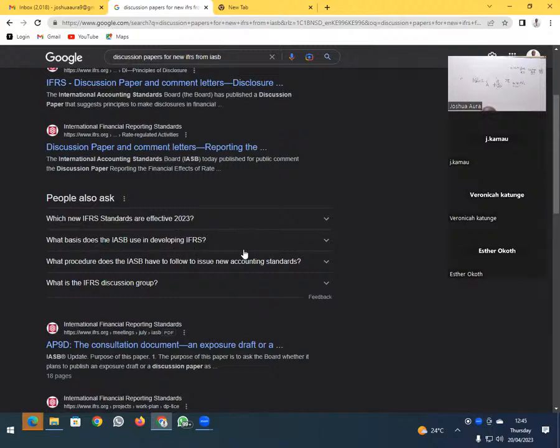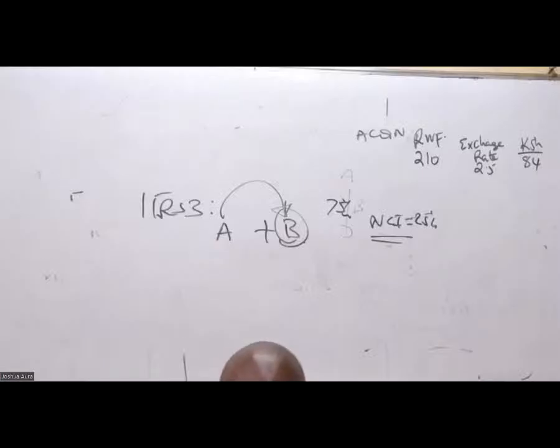So the board, of course, through its technical committee, will come up with a discussion paper that they will be able to circulate to all member bodies, including CPA Kenya, and of course put on their website. So number one, tumesema agenda setting, where you would write that alone, you'll be able to know how to explain yourself. Number two, we have project planning. They take this as a project.